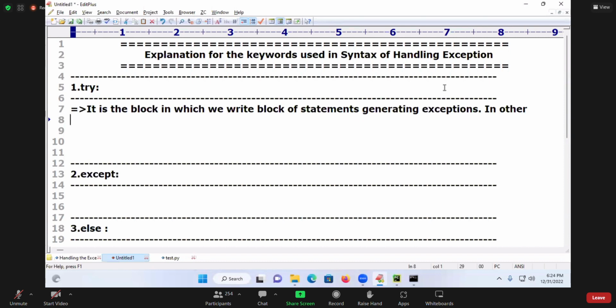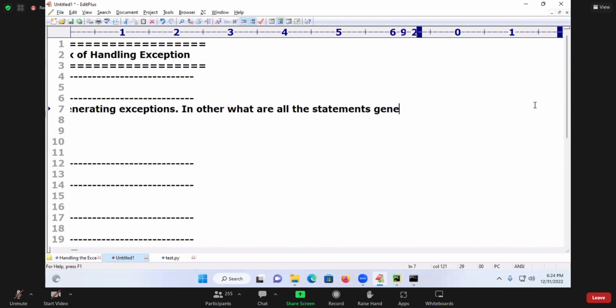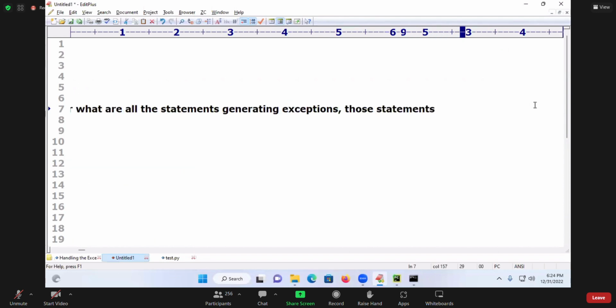It is the block in which we write the block of statements generating exceptions. In other words, what are all the statements generating exceptions? Those statements must be written within which block?